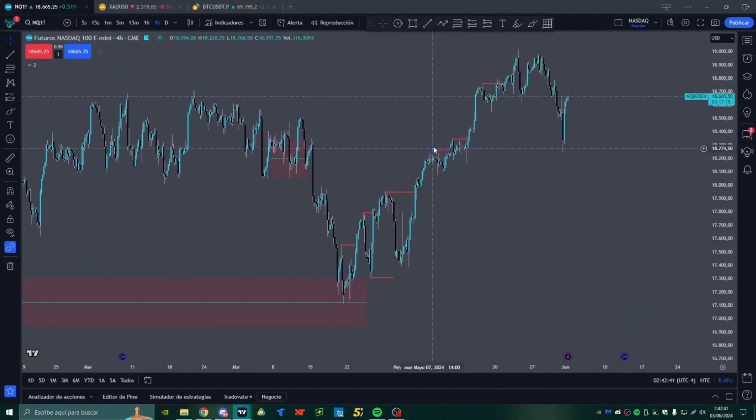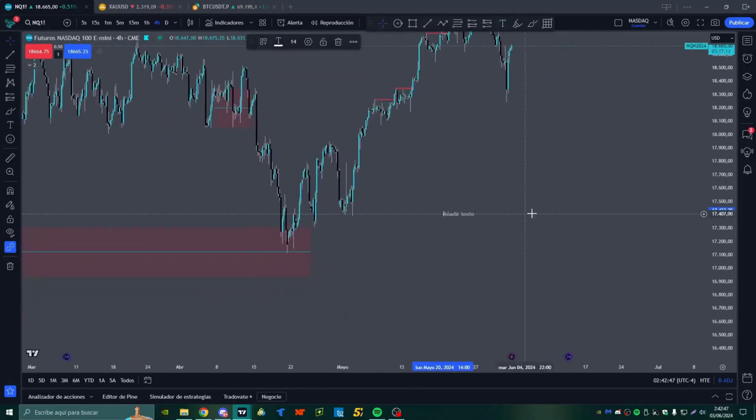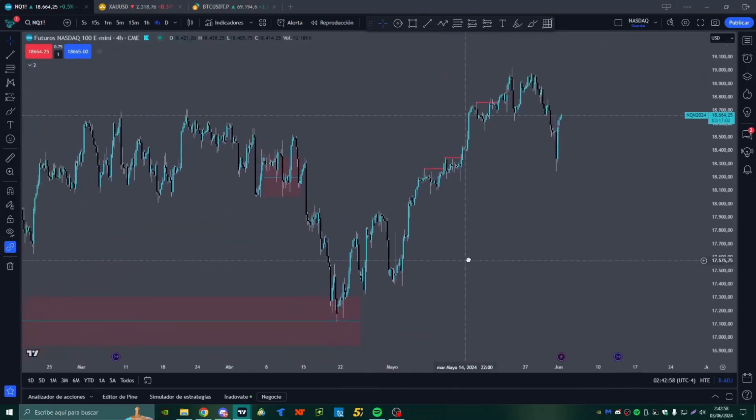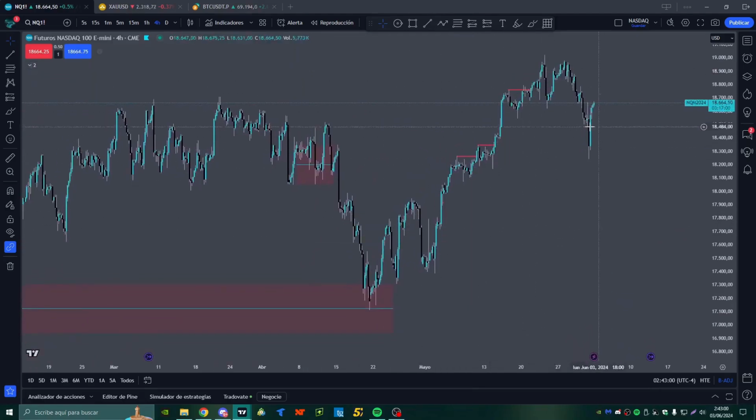Well, so there you saw a bit about the valid pullbacks and everything, and this is what is called swing counting. So when you see people from EDFX who want to follow and say things like I'm in the 6th swing and so on, they are simply referring to the fact that they are counting the swings. They want to wait for a reversal.